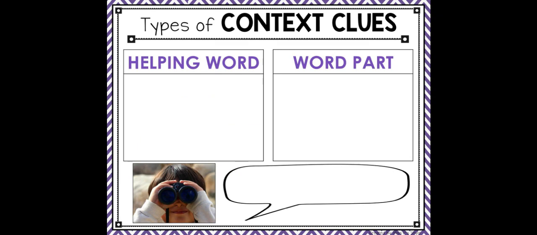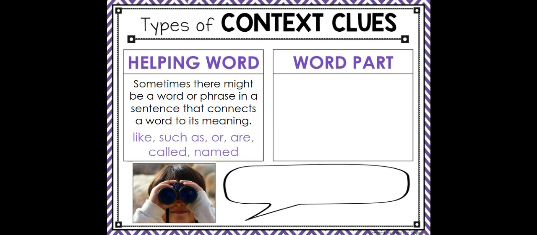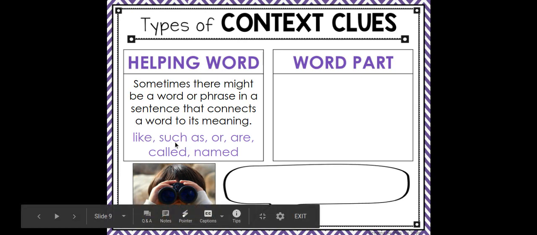Readers can look for helping words or word parts. Sometimes there might be a word or phrase in a sentence that connects a word to its meaning. That's a helping word. Some examples are like, such as, or, are, called, named.